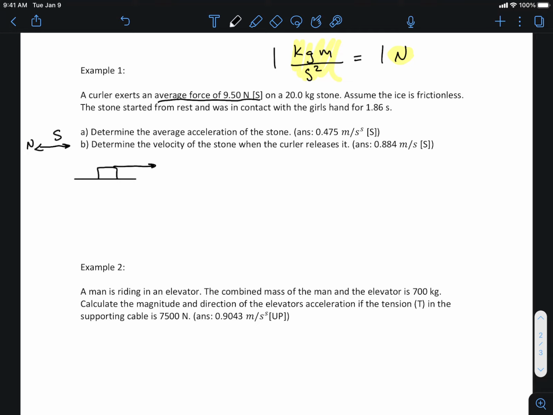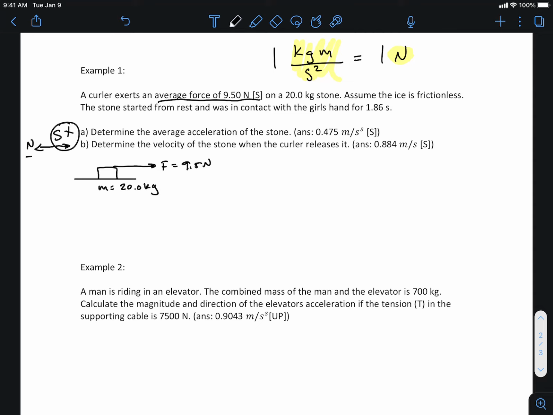North will be in the negative direction this time. You guys have the freedom to do whatever you want. For this particular question, saying that this is the south direction just makes it easier to be positive. So we know that the force here is 9.5 newtons, and we know the mass is 20 kilograms.